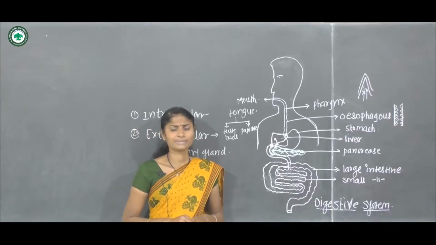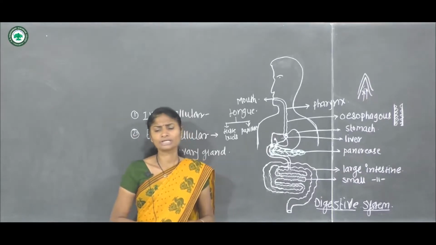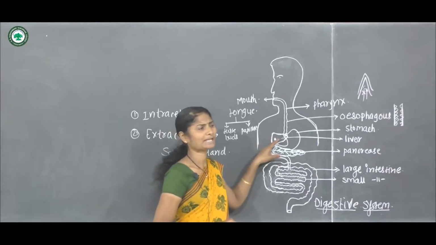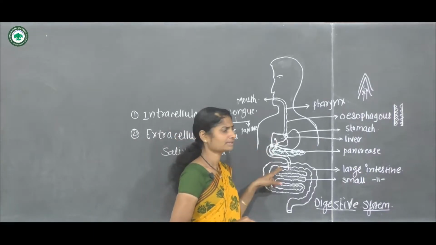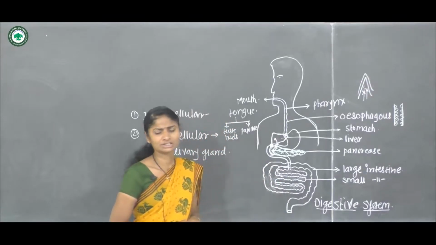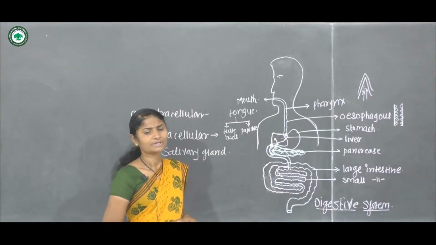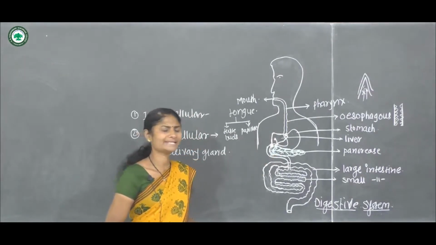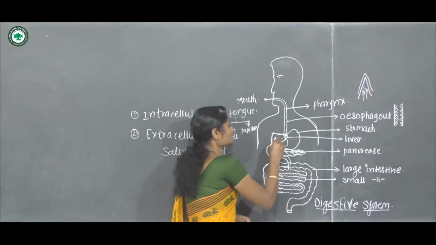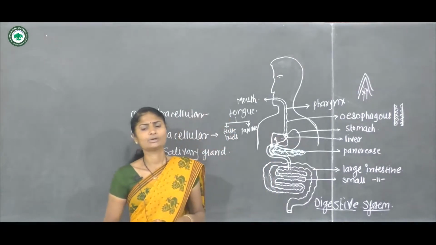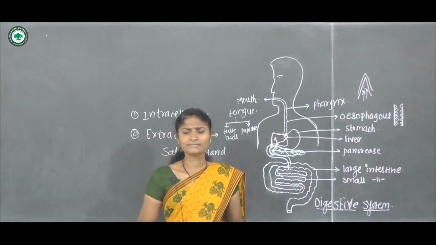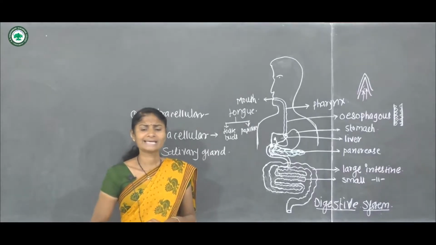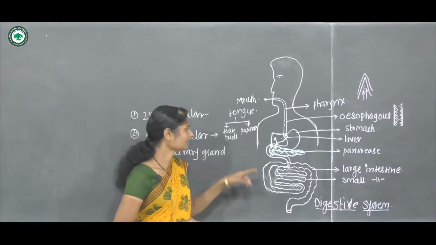The liver has many different functions in the body, but its main function in digestion is to secrete bile, which creates an alkaline medium for digestion of the food material. The gallbladder is also present here. It is a small pear-shaped structure located just posterior to the liver. The gallbladder is used to store and recycle excess bile from the small intestine.